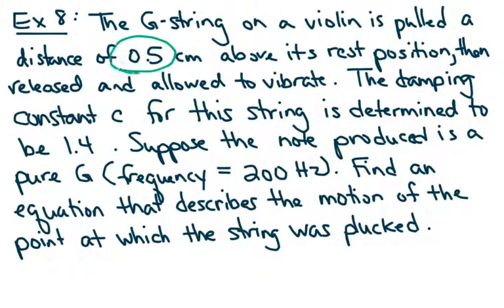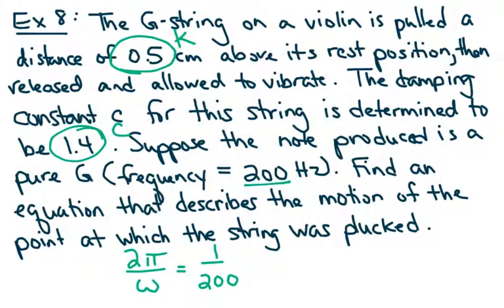This being pulled 0.5 centimeters above its rest position, that's my initial amplitude, that's my K. They told me the damping constant is 1.4, so that's my C. And since I know the frequency is 200 Hertz, that means that the period is 1 over 200, so I'll solve this equation in order to find out what omega is, and it's going to be 400 pi.